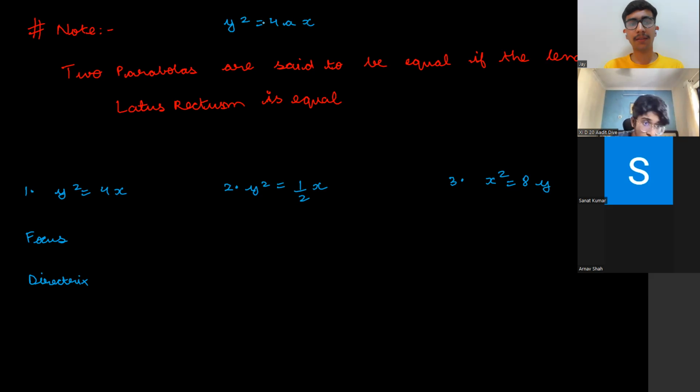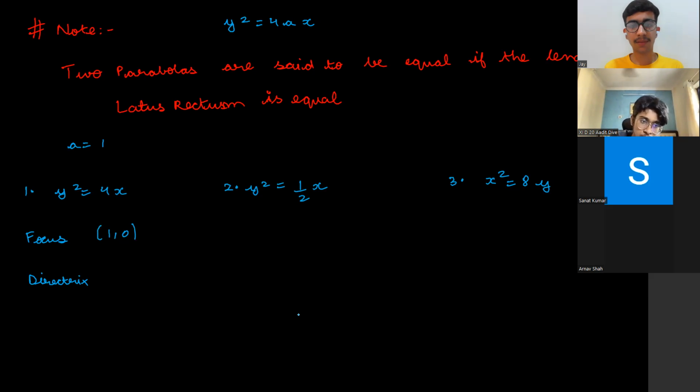So for a parabola like this, we have a comma 0 as the focus. So if y square is equal to 4ax, then what is the value of a? 1. That means a is 1. So focus will be what? 1, 0. Exactly, 1, 0.